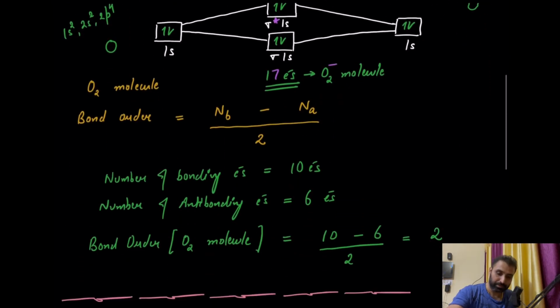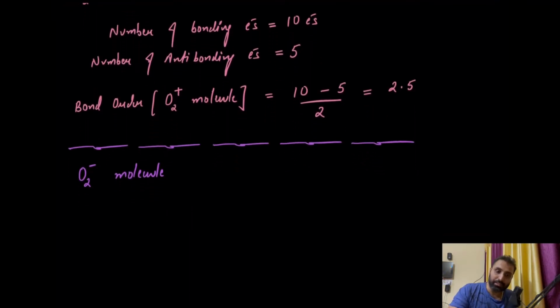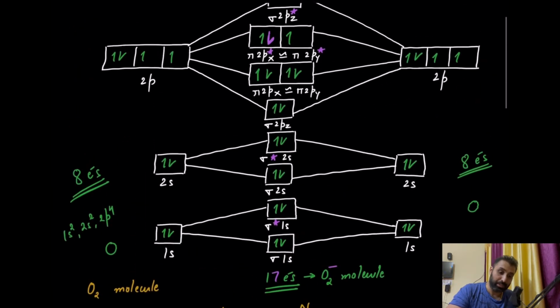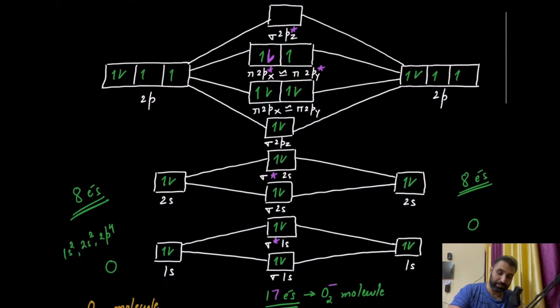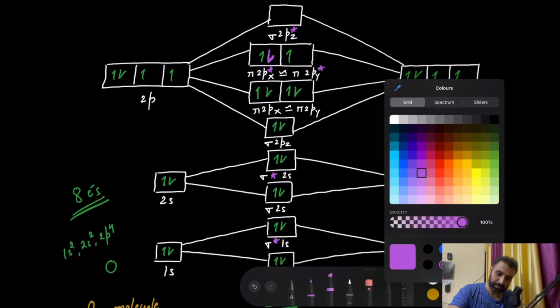So let's recount the number of bonding electrons in O2 molecule with a unit negative charge. I'm writing number of bonding electrons, that is electrons which are present in bonding molecular orbitals, that is molecular orbitals which are not having star sign over them. So I'm counting.